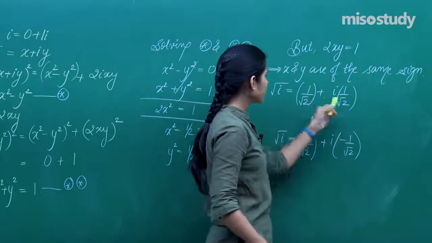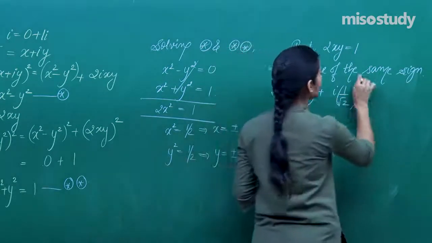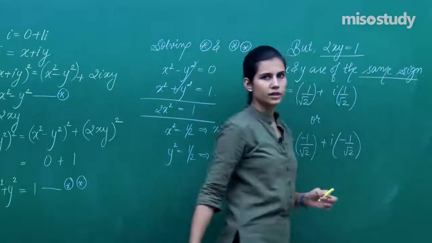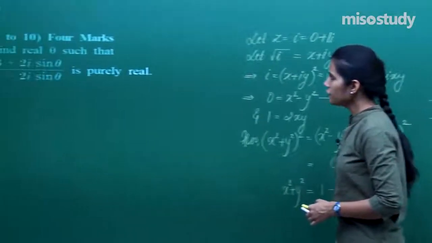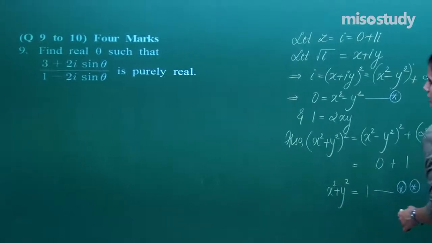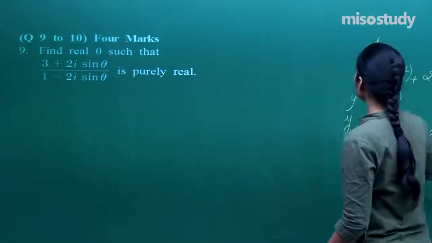Both should be either negative or both should be positive. They actually should be of the same sign because 2xy is 1. Is it clear? Next question we have, find the real theta such that this expression is purely real.